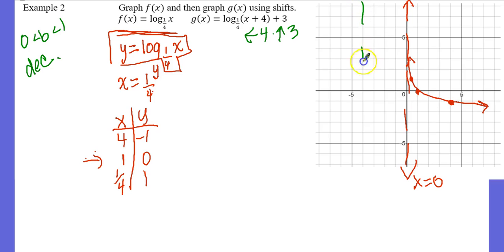So it's going to shift to the left 4. It's really important that you can do that and you recognize that's not that difficult to do. Just push it to the left 4. Relabel it. Now it's at x equals -4, right? Because it's crossing the x-axis at -4. And then let's shift our points. So left 4, 1, 2, 3, 4, up 3, 1, 2, 3.